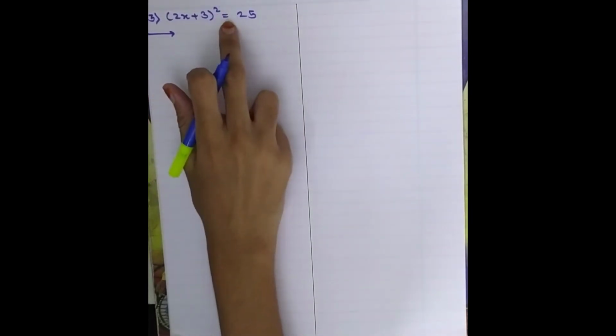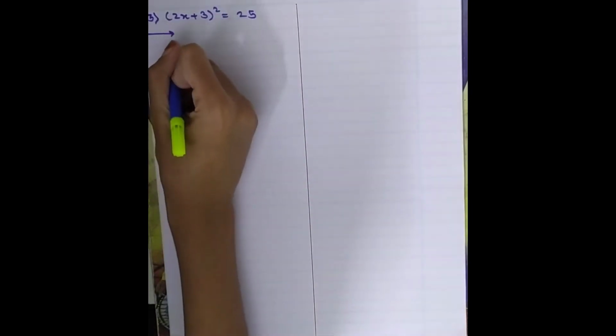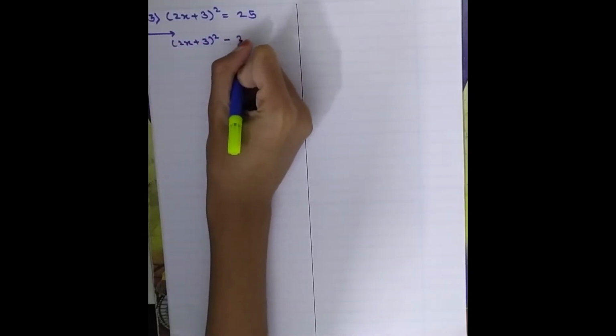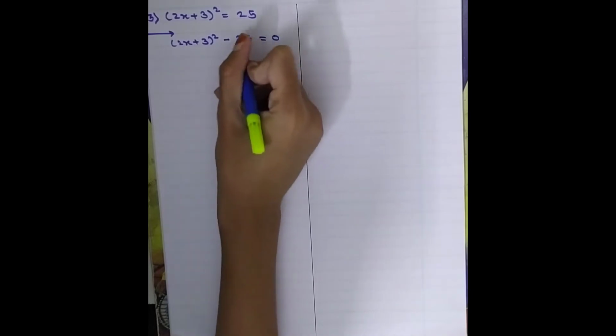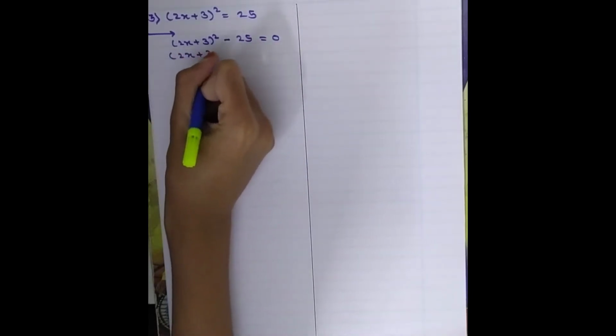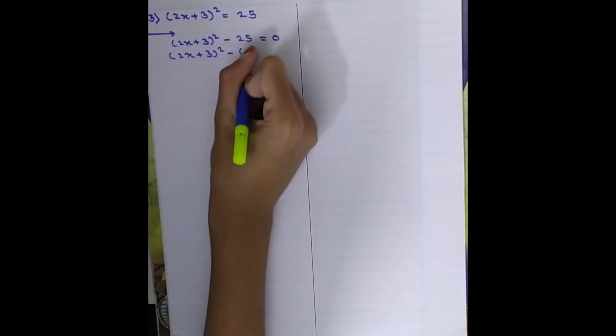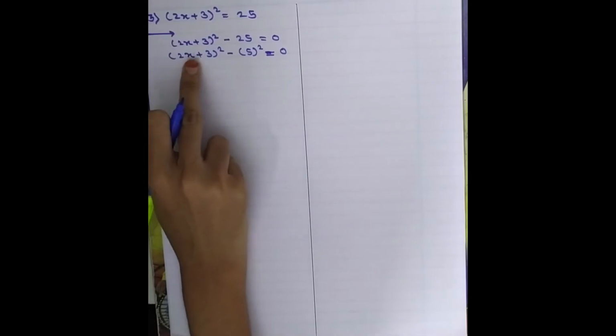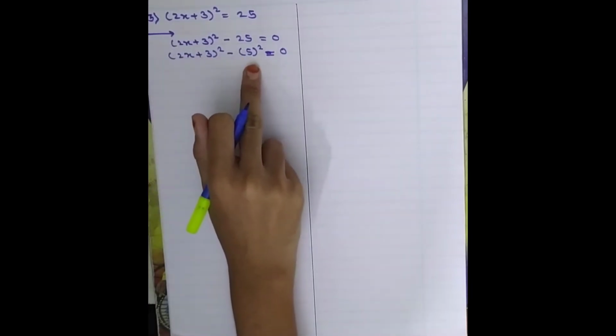Next question is 2x plus 3 bracket square is equal to 25. So here 2x plus 3 bracket square minus 25 is equal to 0. So 25 is 5 square. So 2x plus 3 bracket square minus 5 square is equal to 0. Now we know the a square minus b square formula.